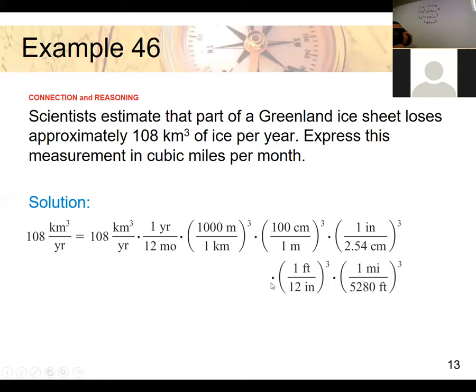And then, of course, 1 foot is 12 inches, so 12 inches is in the denominator, 1 foot is on top. And then finally, 1 mile is 5,280 feet. You can see each one of these is cubed because we want to go from cubic kilometers to cubic miles.